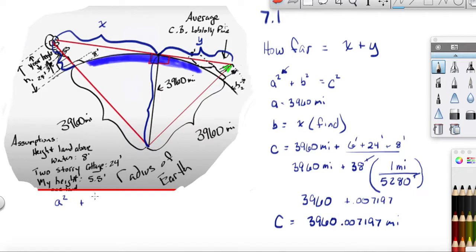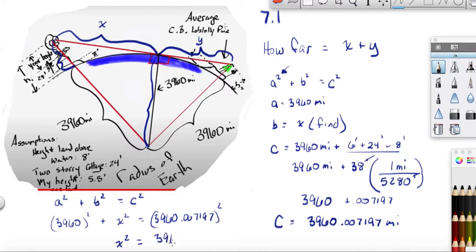All right, let's put it in. I'll just rewrite Pythagoras, and we are going to do 3960 squared plus x squared equals 3960.007197 squared. Now, instead of squaring these right now, let's go ahead and subtract the left side here from the right.